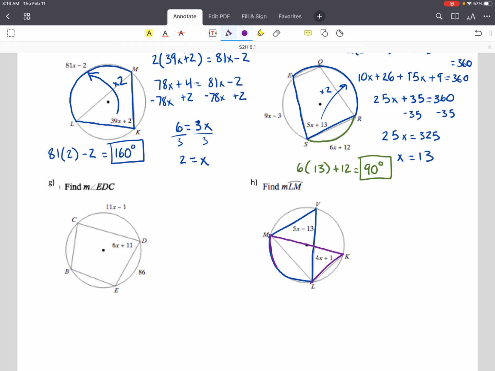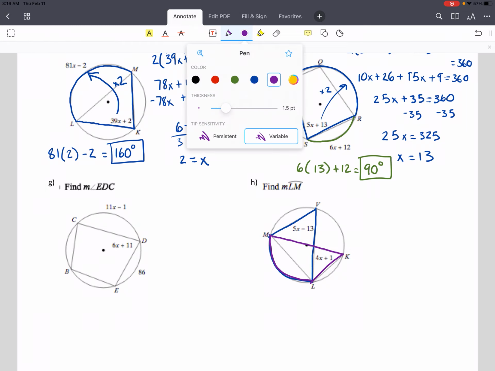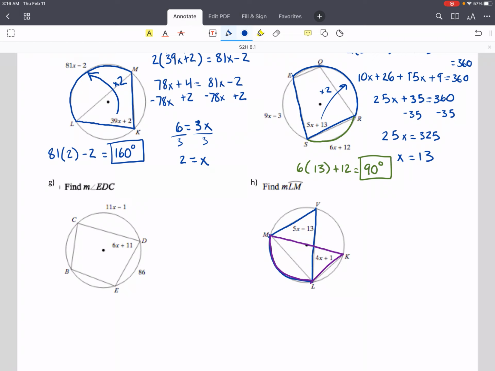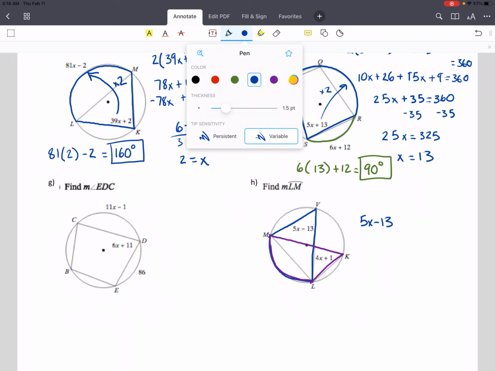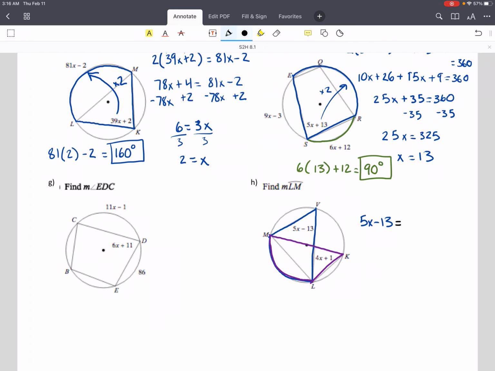Here's the other. Notice those angles correspond to the same arc, which tells me that they have to be equal. So that means that 5x minus 13, I mean my color coding, you know me, equals 4x plus 1.